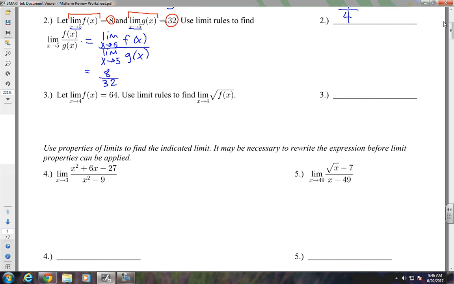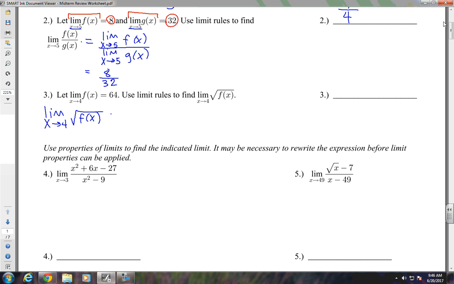One more problem here. The limit as x approaches 4 of f of x is 64. Use limit rules to find the limit as x approaches 4 of the square root of f of x. In your studies, you came across a rule that allows you to move this outside operation, the radical, over the entire limit.